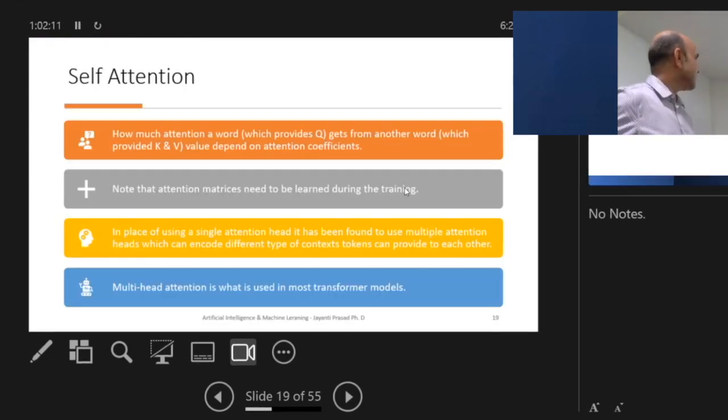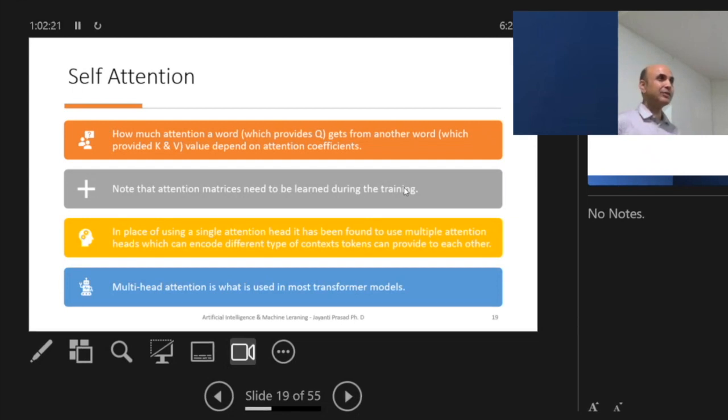Now self attention: how much attention a word which provides Q, and mind this, which provides Q means we are talking about the decoder when it is emitting any output token, gets from the other words in the encoder, which provided K and V, depends on attention coefficients. We have seen that it's a mathematical operation.